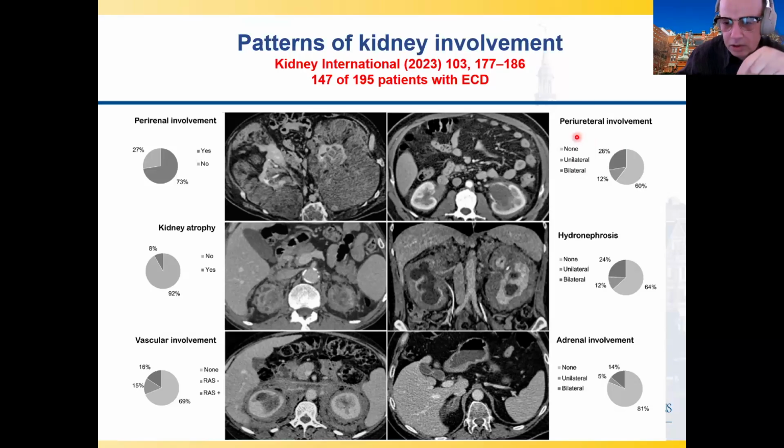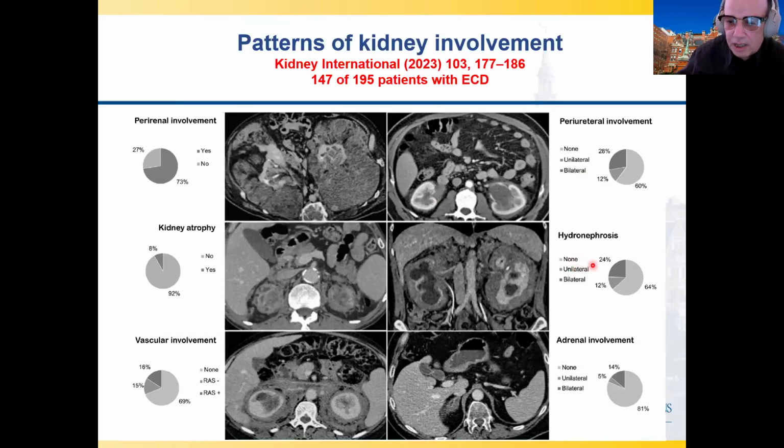You remember the ureter that comes out of the kidney, and it's bilateral for the majority of patients. So perirenal around the kidney, and then around the ureter, and both ureters are usually involved. You can see that this kidney is obstructed because the ureter is not draining, and this black stuff is basically urine that is not draining from the left kidney. And this is the right kidney, again dilated here, but you can have unilateral involvement as well.